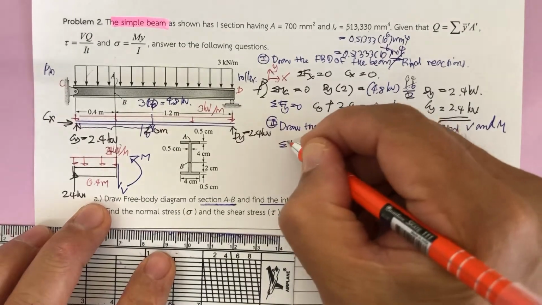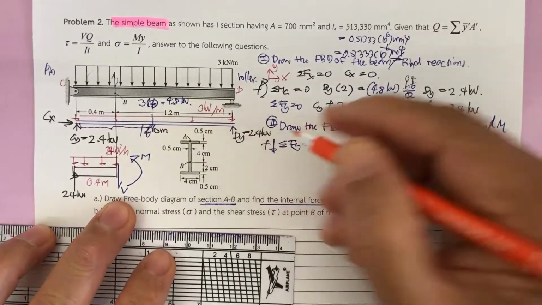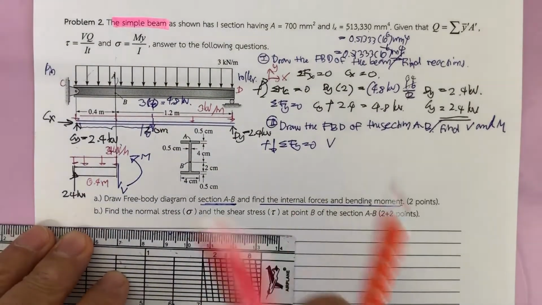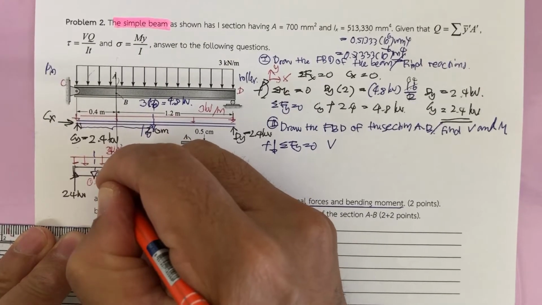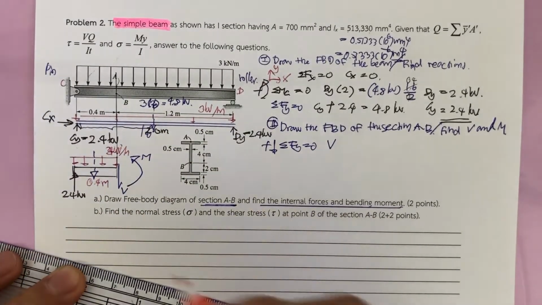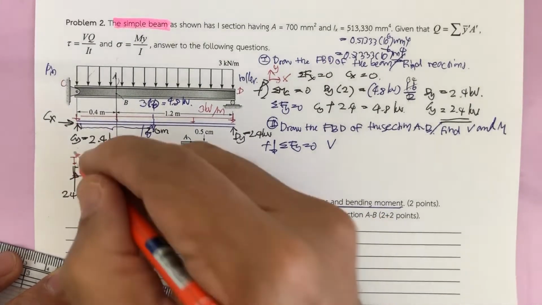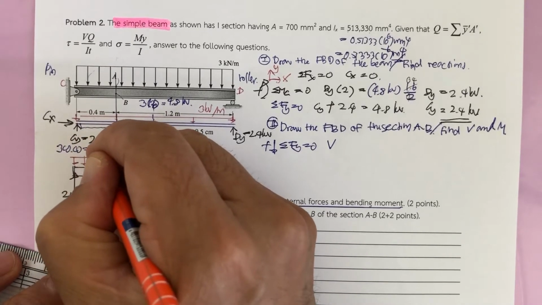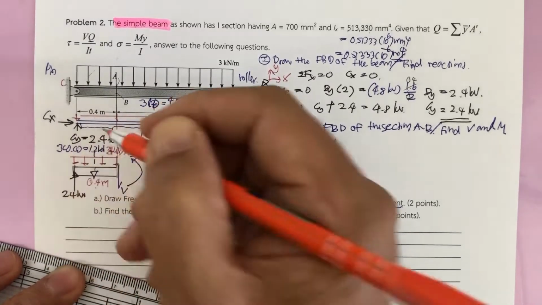Then we have summation of F sub y equal to 0. Downward is positive, so V is downward. This one will have the resultant force again equal to the area. That is going to be 3 times 0.4, that is going to be 1.2 kilonewton.